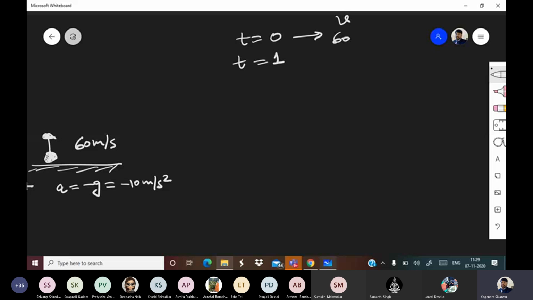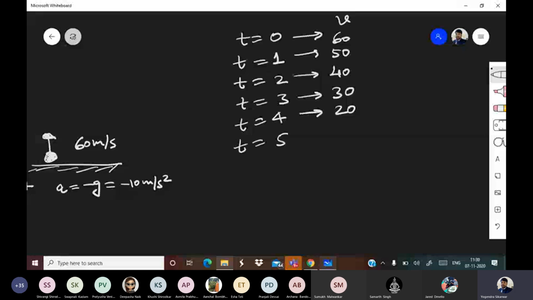At t is equal to 3 seconds, 30. At t is equal to 4 seconds, 20. At t is equal to 5 seconds, 10. And at t is equal to 6 seconds, 0.